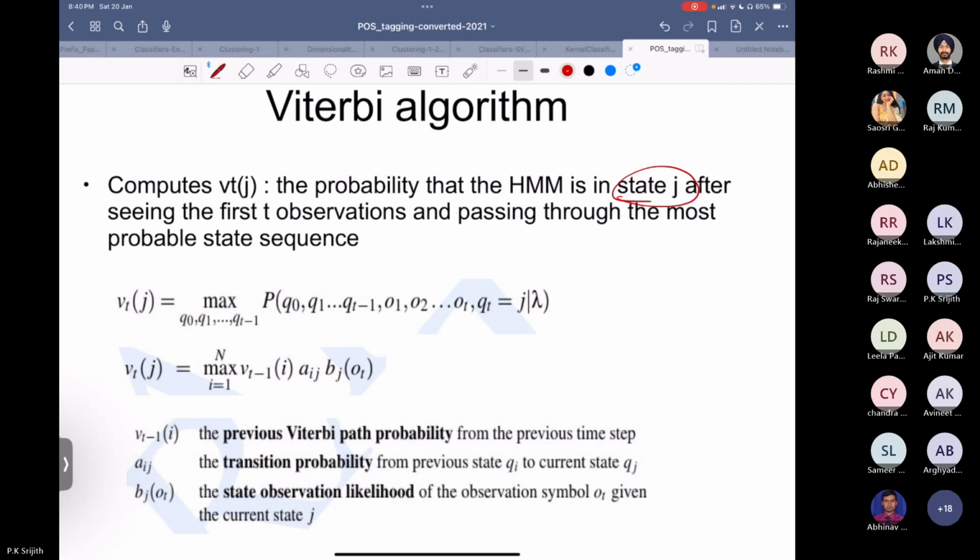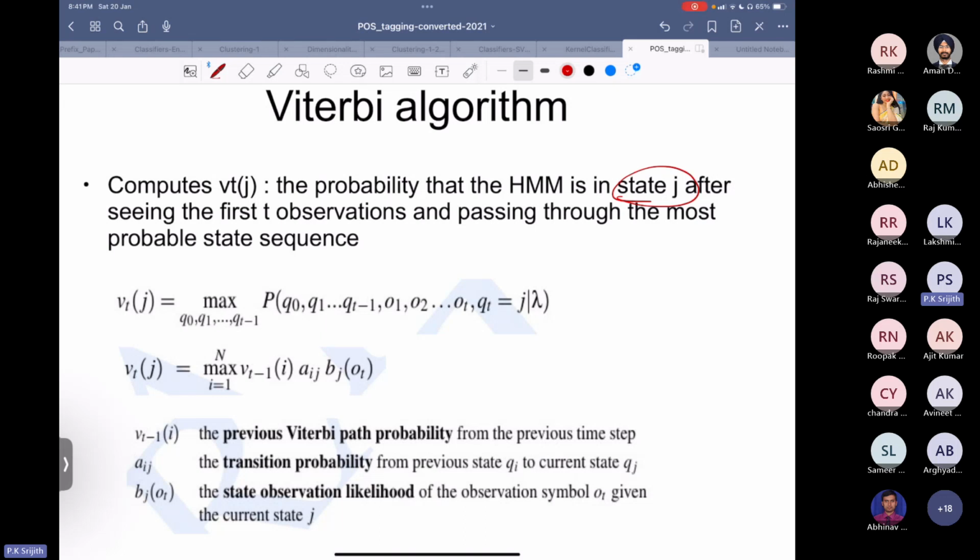So many times when people discuss this hidden Markov model, they consider transitioning from one state to another, where a state is nothing but the output, the label that is associated with the problem that we have.